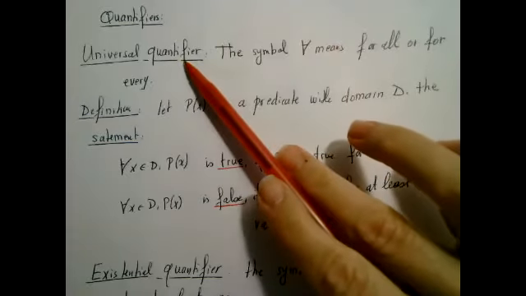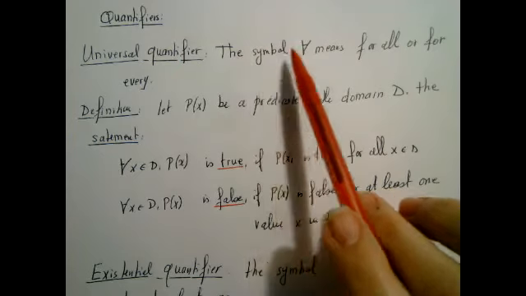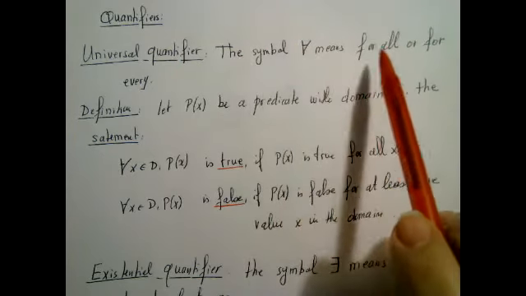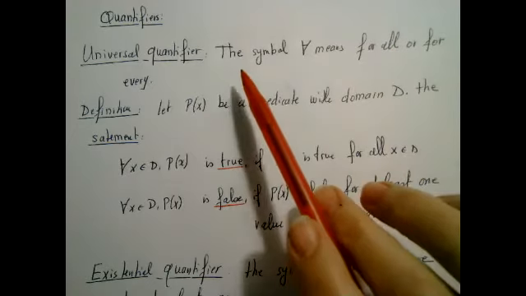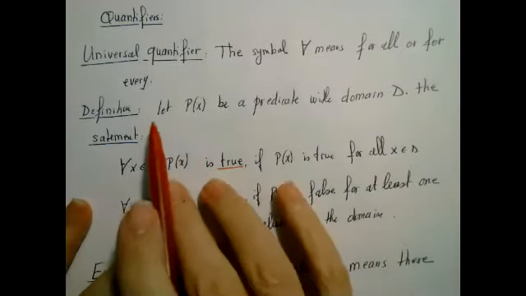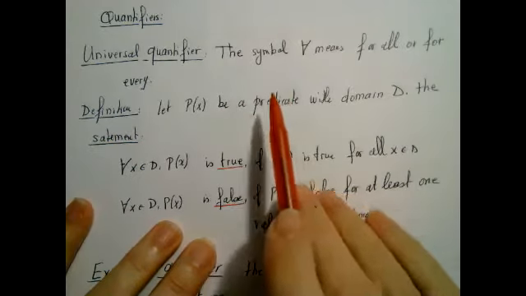The universal quantifier is the following. We use the symbol upside-down A to mean "for all" or "for every." So instead of writing "for all," I write the symbol. Now, suppose P of x is a predicate. Remember, a predicate is not true, it's not false.